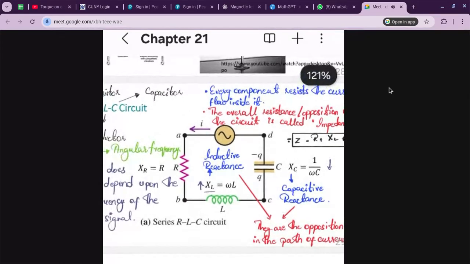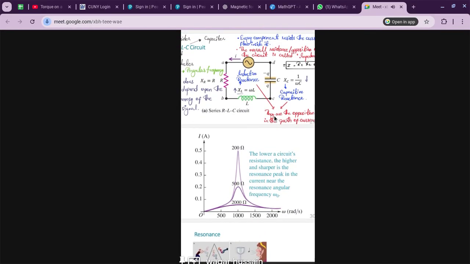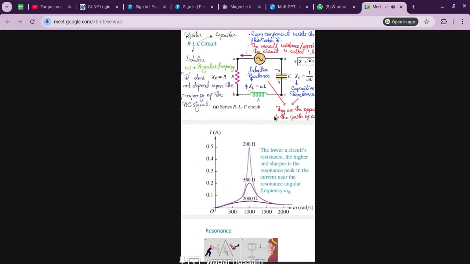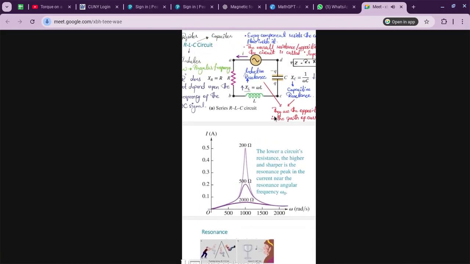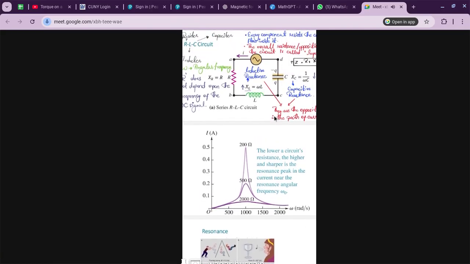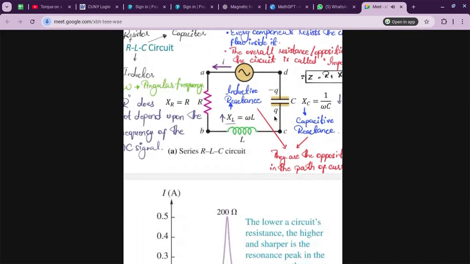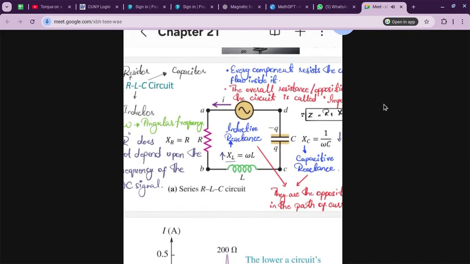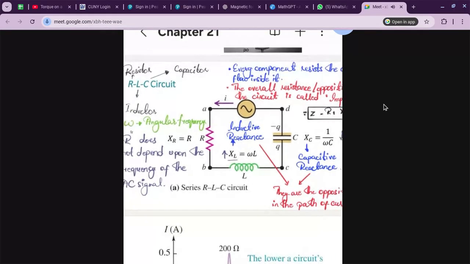Now there has to be some frequency at which the values of both reactances will be equal.